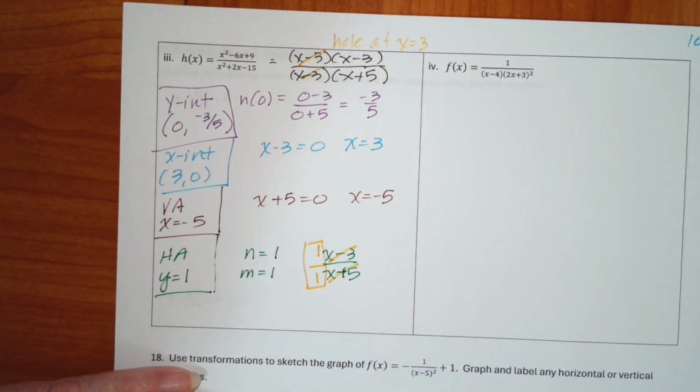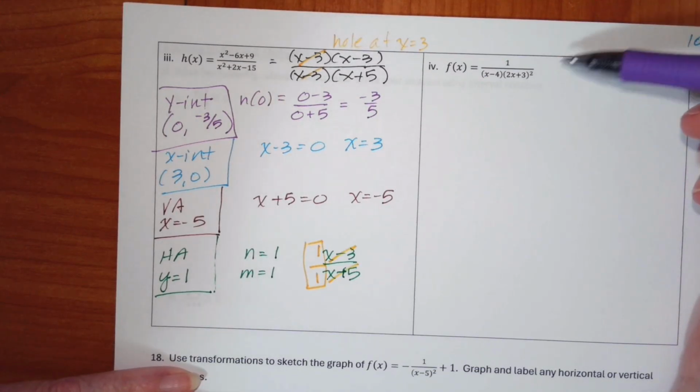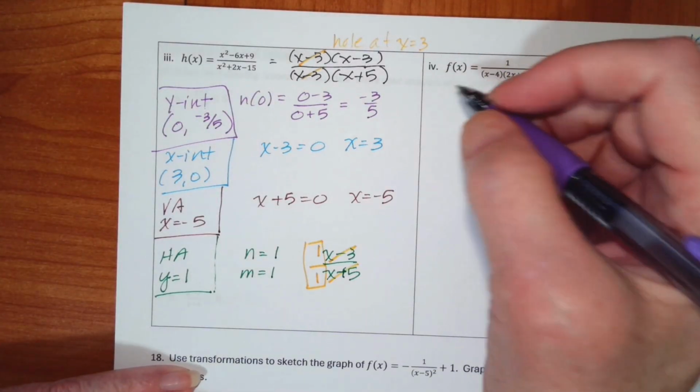Okay, so for number 4, it's already in factored form for me. So we can start out by finding our y-intercept.